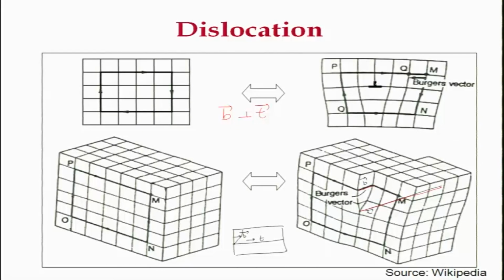In the top view, this is T and this is the extra step B. So B is parallel to T. These are the two kinds of dislocations present in materials, but in real life they do not exist in pure form.